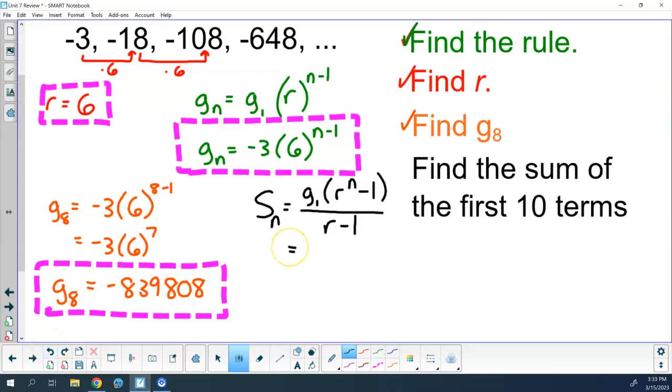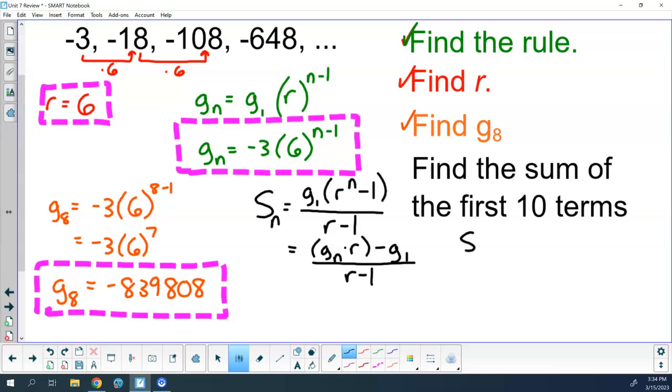The other one, both of them will be given to you on the test, would be g sub n times r minus g sub 1 all over r minus 1. So you can use either one of those. I prefer the top one.